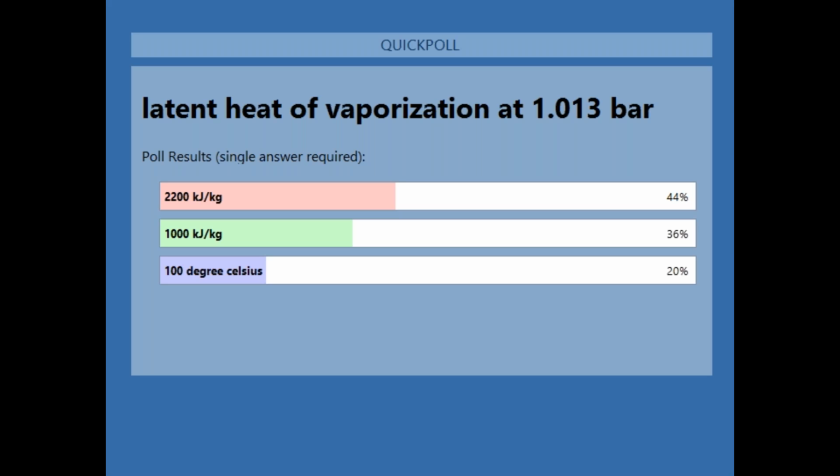Okay, right? So with these polls, not very satisfactory poll results, I would continue with my discussion on the properties of steam. So in the last lecture, let me first share the screen with you.